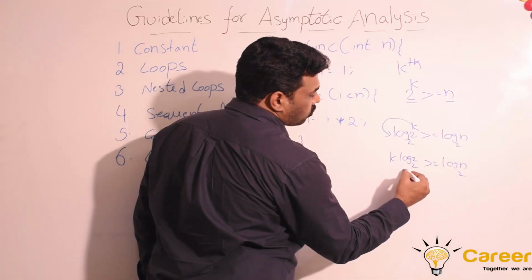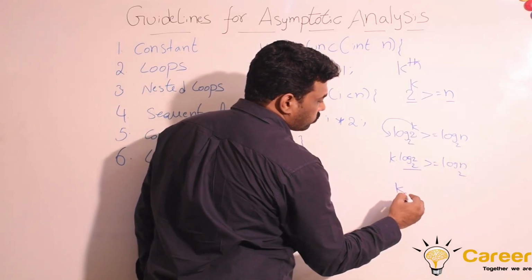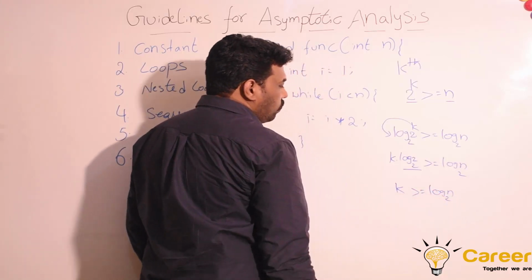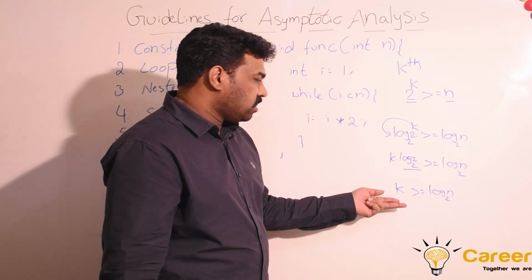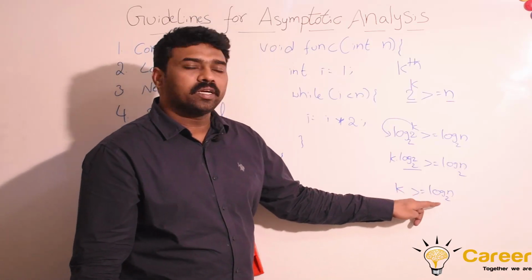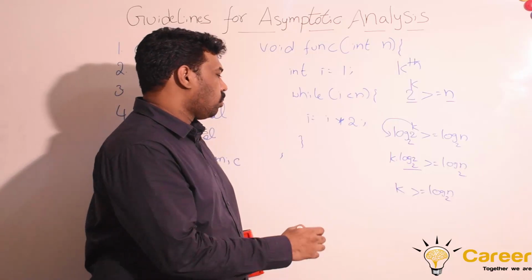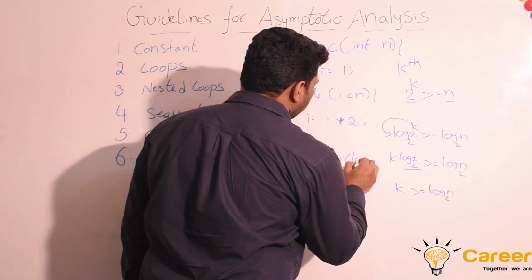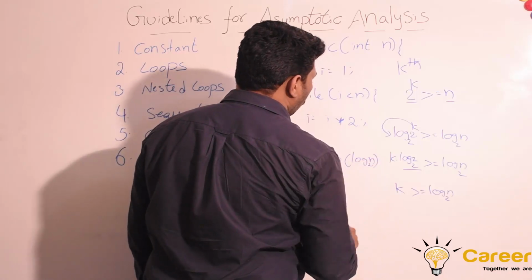As we know, log 2 base 2 is 1. So the number of iterations of this while loop is k, which is represented in terms of n as log n base 2. So the overall complexity of this code is log n base 2.